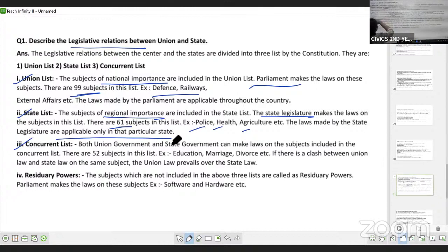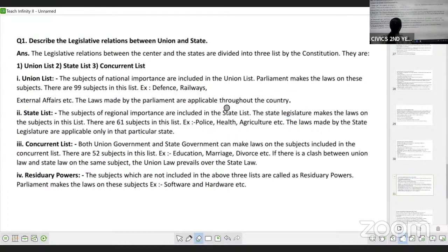In the union list, the laws made by the Parliament are applicable throughout the country. But if the laws are made by the state legislature, they are applicable in that particular state.